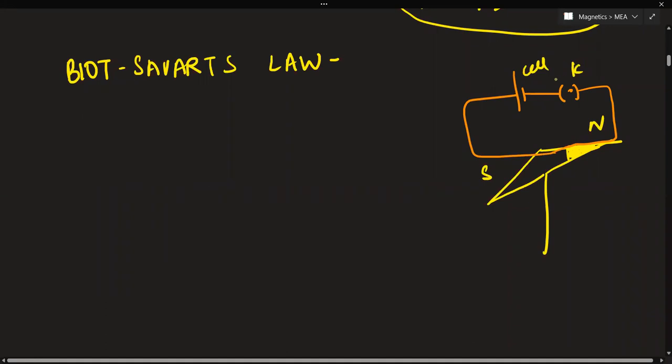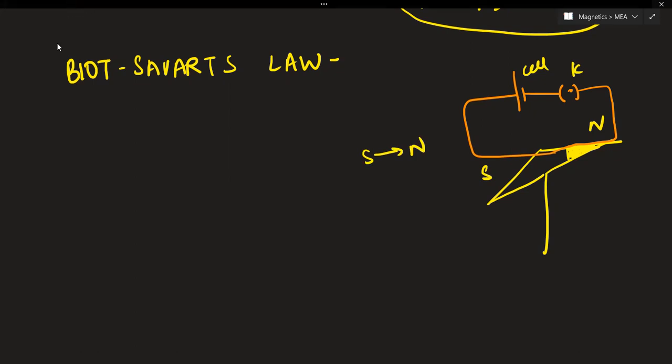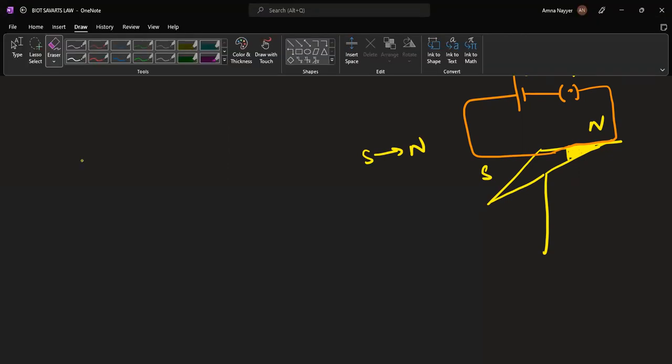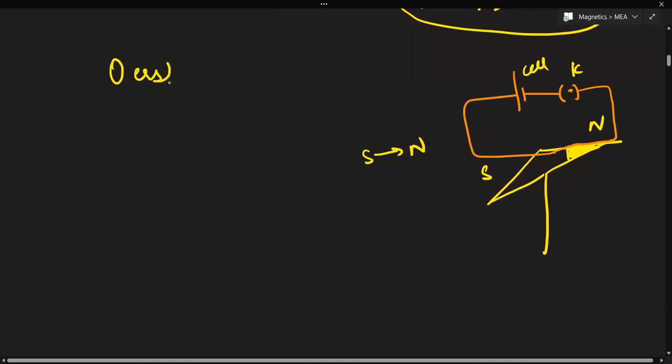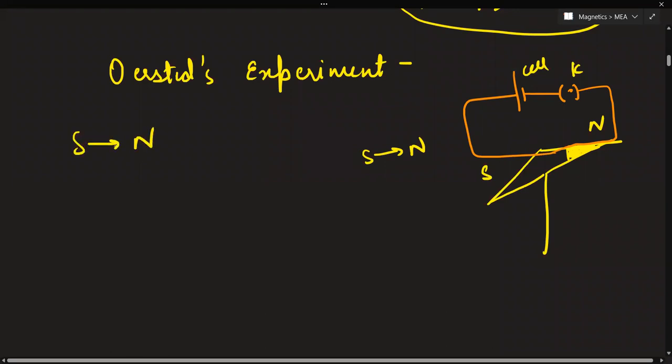Now, what was the observation? The observation was that when the wire is held above the needle and current flows from south to north, then what was observed?